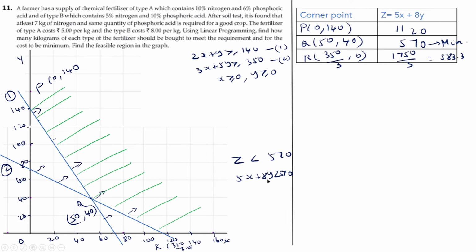Another point is if we substitute y as 0, we get x as 114. It is somewhere here. So if we draw a line joining these two, it is this line which corresponds to 5x plus 8y equal to 570. Now 5x plus 8y less than 570. It is this part.